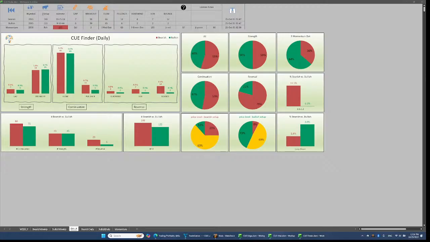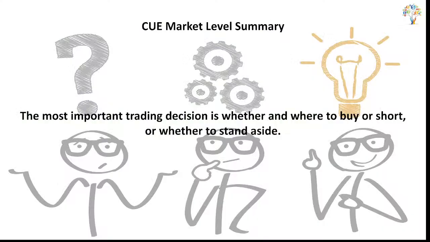I'll do that bottom up analysis shortly, but before that, Q market level summary. The most important trading decision is whether and where to buy or short, or whether to stand aside. A lot of stocks are at a very high price level. As I mentioned, some of them don't have earnings or have very little earnings. Many of them are overvalued. I am reluctant to buy those stocks.